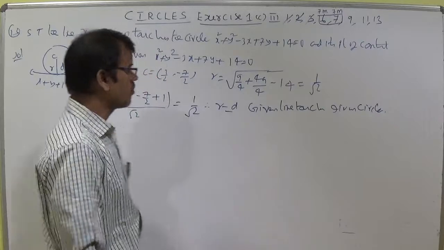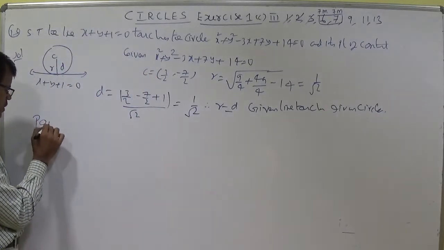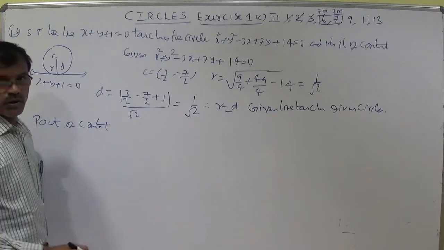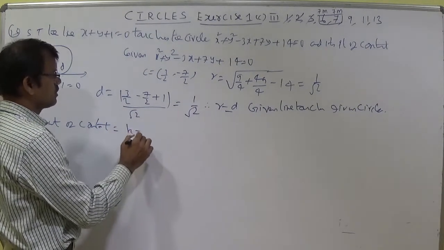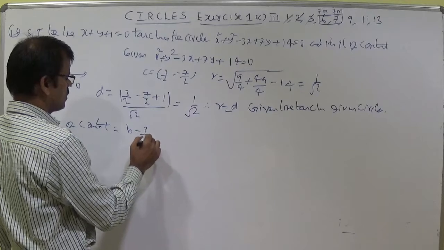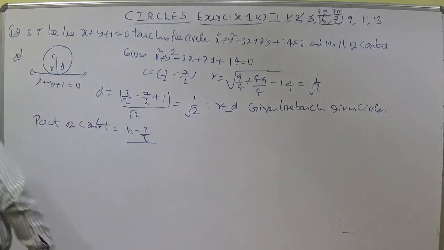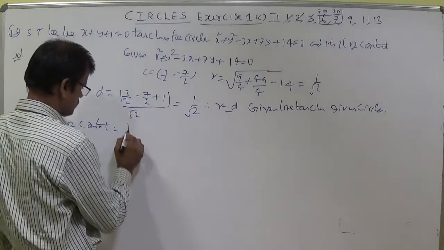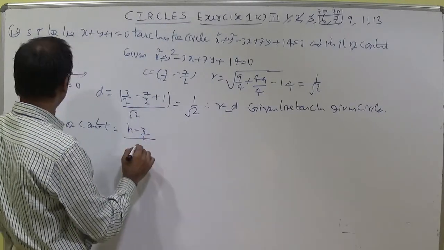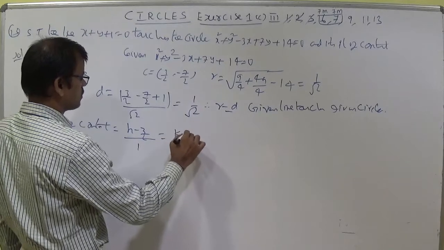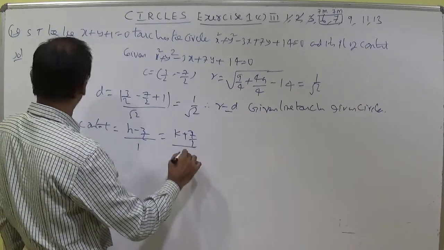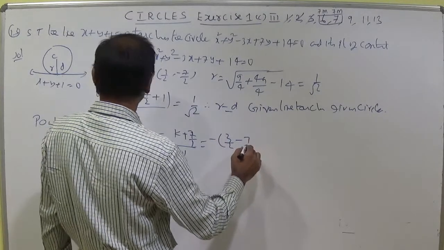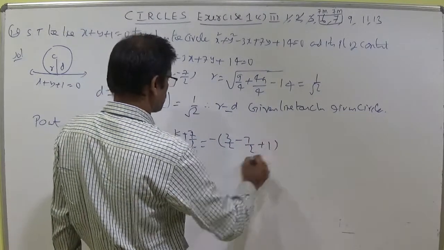Now to calculate the point of contact, we should calculate the foot of perpendicular from center to the line. Point of contact: (h minus 3 by 2) by 1 is equal to (k plus 7 by 2) by 1 is equal to minus of (3 by 2 minus 7 by 2 plus 1) by 2.